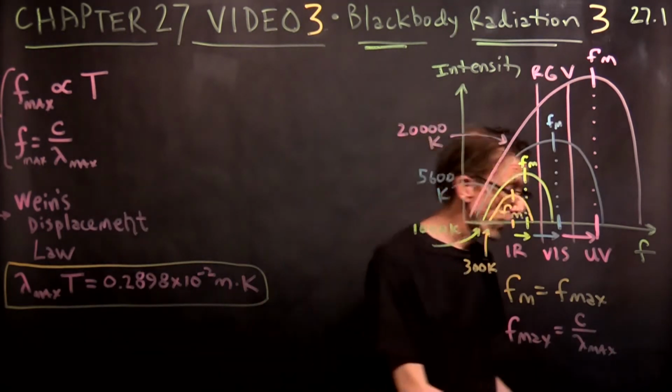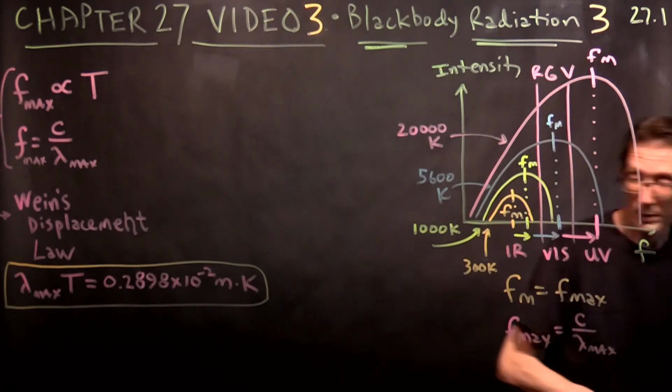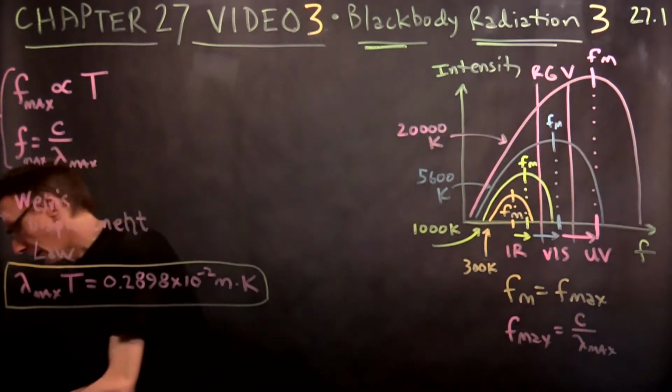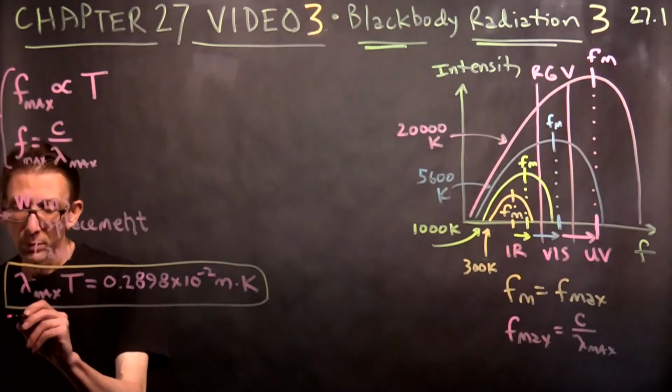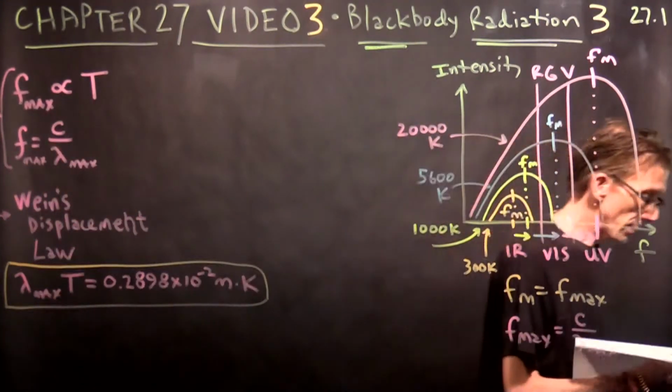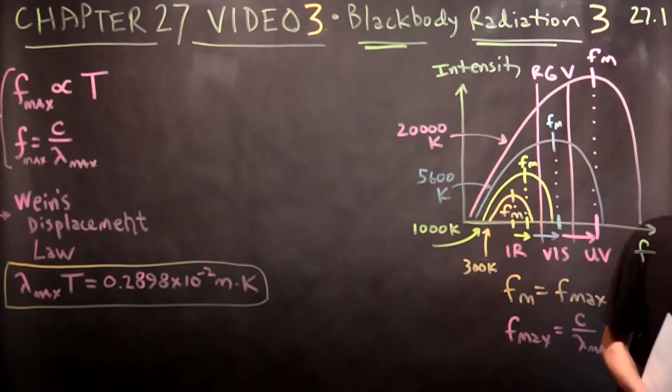So if we use this formula, for example, at 300 kelvins, let me pick a different color here. The pink's getting a little tired.